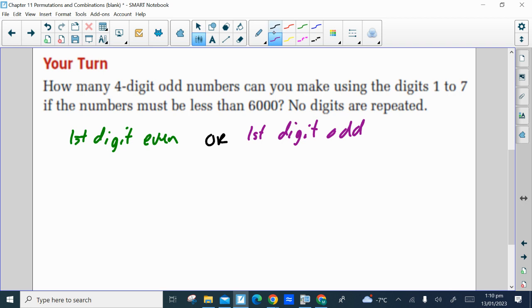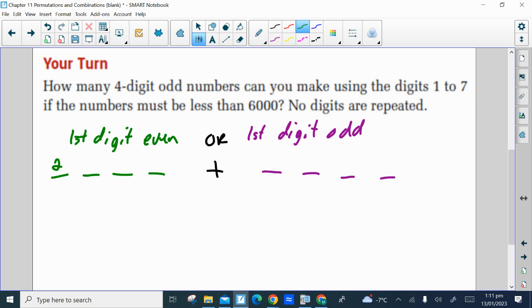Okay, so 4-digit numbers. If the first digit is even, so that would mean it can either be the 2, the 4, or the 6. However, the number must be less than 6,000, so it can't be a 6. So that means we only have two possibilities for the first digit. Right?